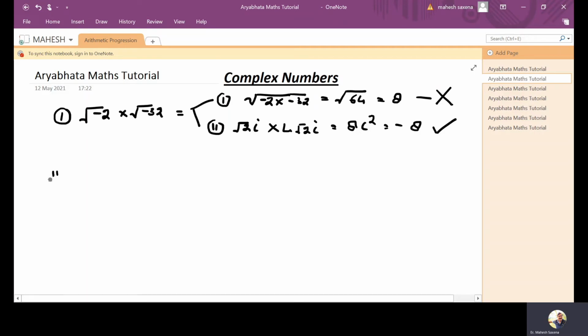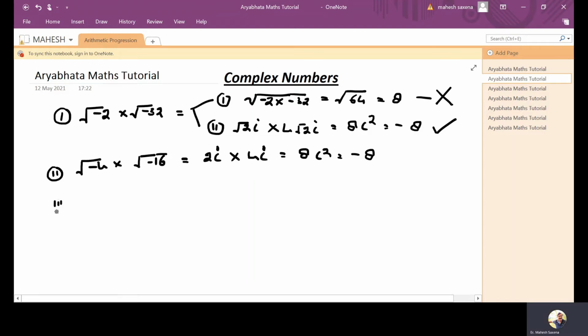Similarly, under root minus 4 into under root minus 16 can be written as 2i into 4i. Therefore, it can be written as 8 i square, that is minus 8.